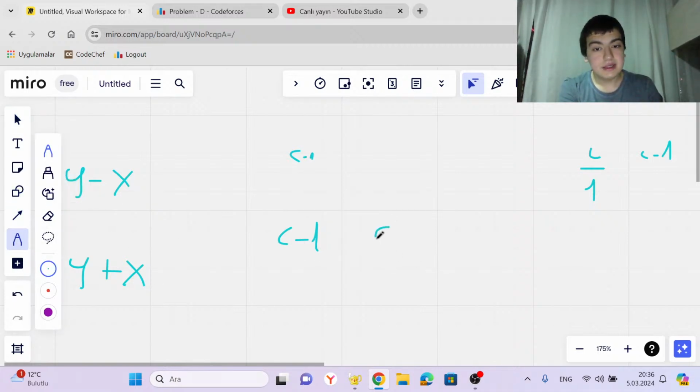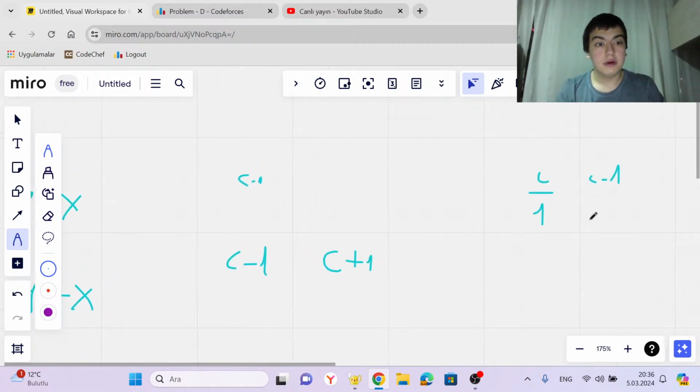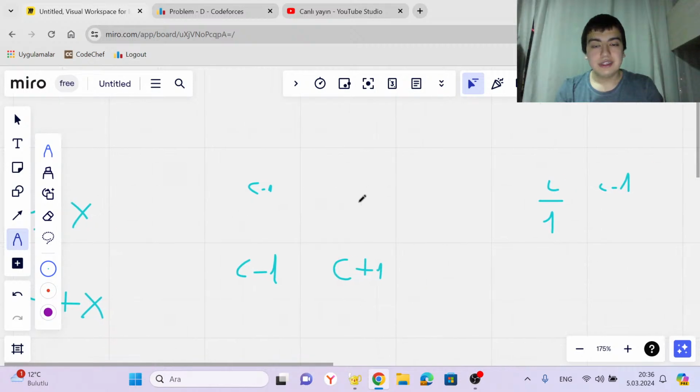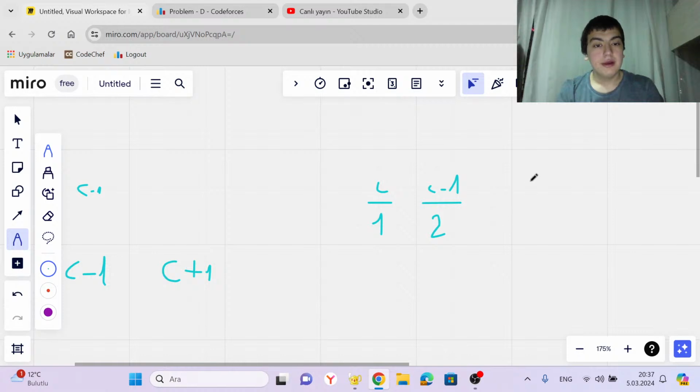We can select c plus 1, because c plus 1 plus c minus 1 is 2c, and when we divide it by 2, we get c, which is smaller than or equal to c. So there's no problem. If we choose c minus 1 for y minus x, we have two possible cases. Let's look at c minus 2.